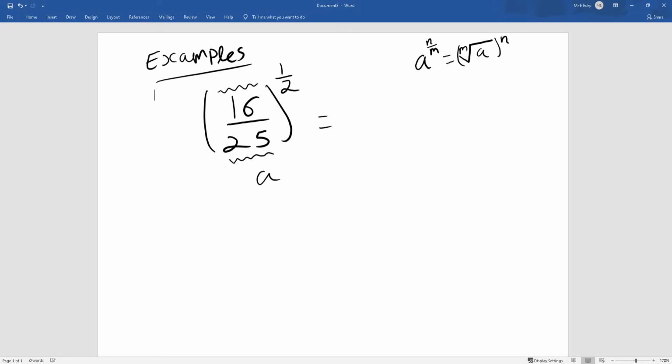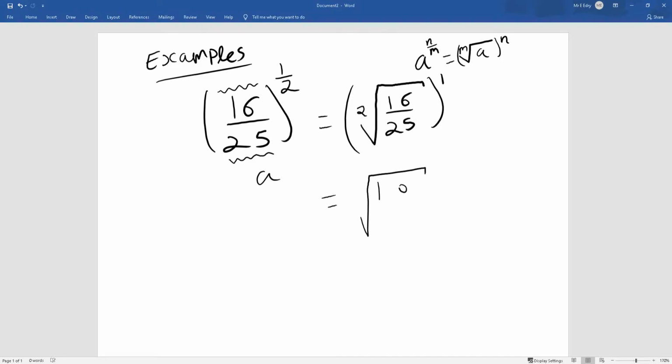So we have the second root of the entire bracket, so 16/25, all raised to the power of 1. Now the power 1 means we keep it the same. So we just have the second root of 16/25, but that is just the square root of 16 over 25.